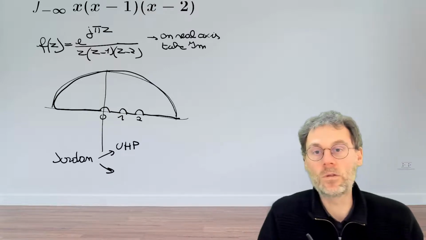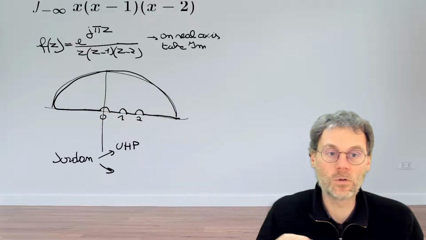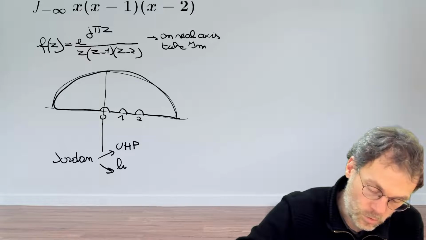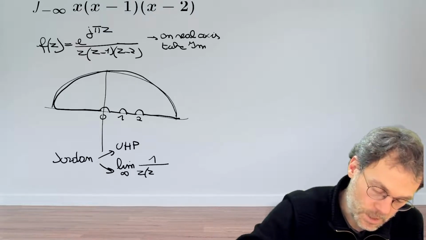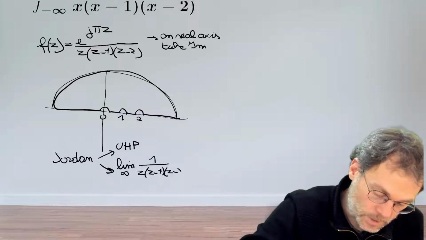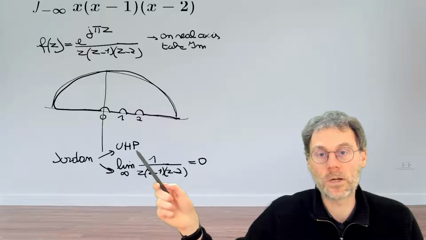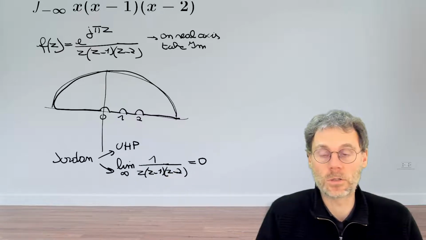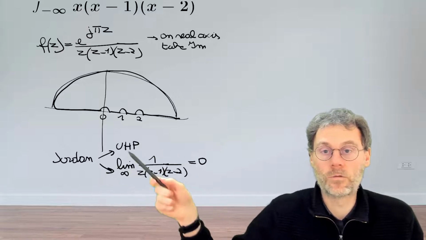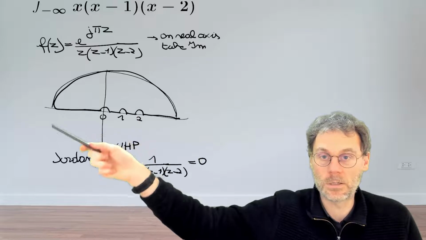The next thing we need to verify is the limit of the other factor as we go towards infinity. So we need the limit at infinity of 1 over z minus 1, z minus 2. And this indeed will become 0, because here we have a power of z to the power of 3, and this is just a constant. So both conditions for Jordan's lemma are fulfilled, so we can forget about this contribution here.